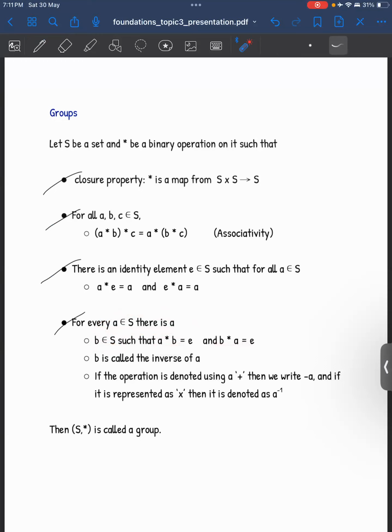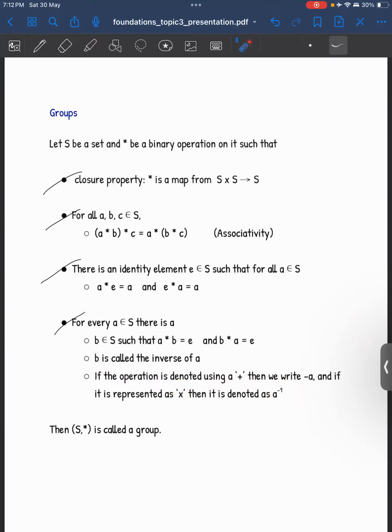Remember that binary operations map ordered tuples, so the tuple (A, B) is different from (B, A). Both A star B and B star A give you the identity element. B in particular is called the inverse of A. And finally, it's a notational convention that if the operation is denoted using a plus, then we write the inverse B as minus a, and if it is represented using a multiplication operation, then it is denoted as a inverse.